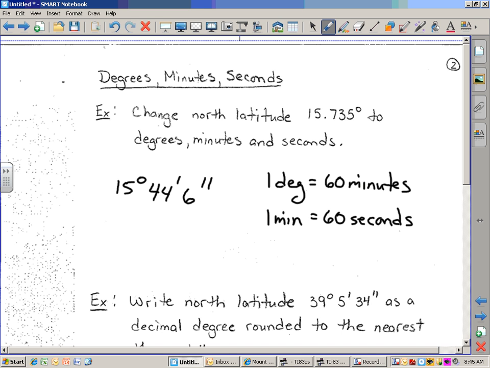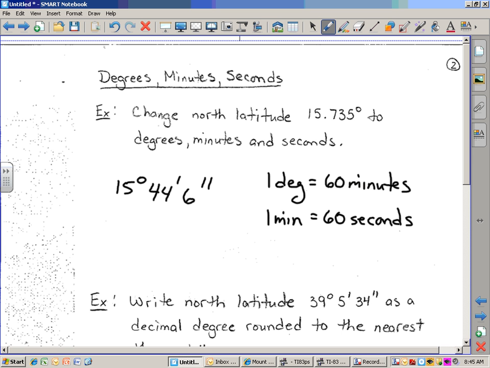So 44 minutes out of 60 minutes is about 3/4, 0.75. And as you can see, our decimal is 15.735. It's very close to that 0.75. So it's just a way to convert it from decimal to degrees, minutes, and seconds.